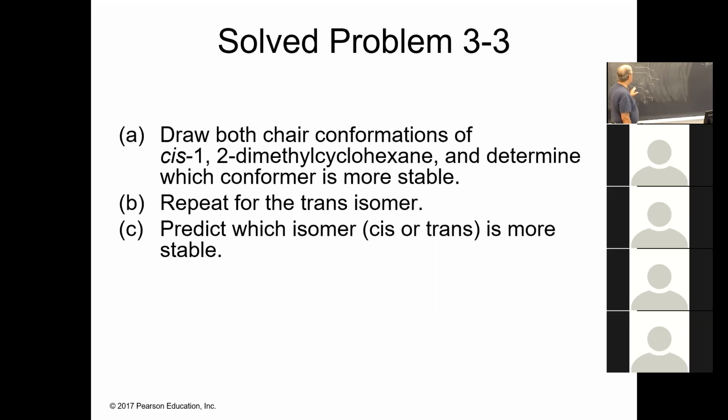In this case, unlike the cis where we had one axial, one equatorial, this one has both axial, this one has both equatorial. So the one with both substituents equatorial will be more stable.